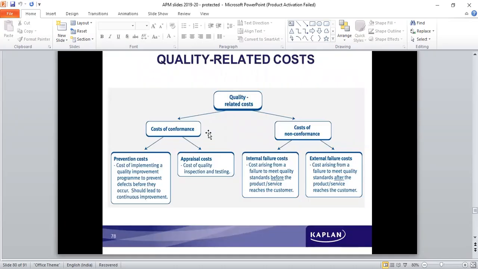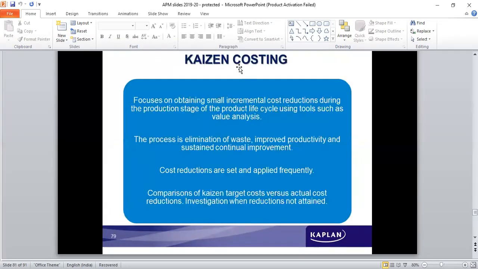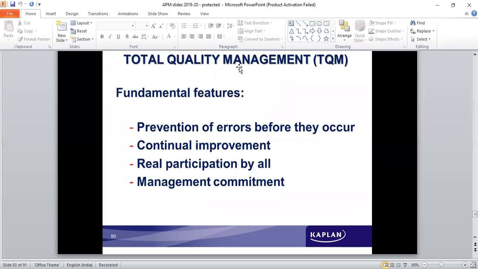It's not targeted at any particular method, but focuses on quality-related methods that can be used. Quality-related costs can be incurred to ensure that quality is maintained. There is Kaizen costing and TQM, which focus on quality and continuous improvement. Kaizen focuses on target costing, TQM focuses on no defects.